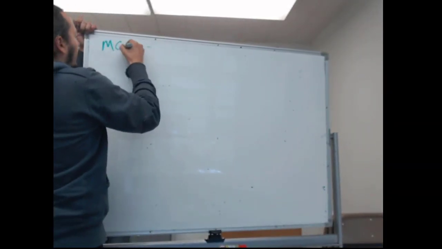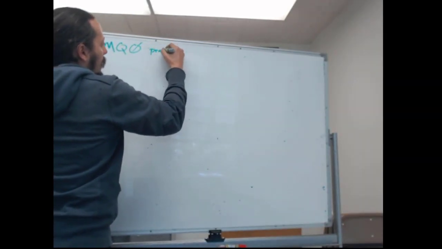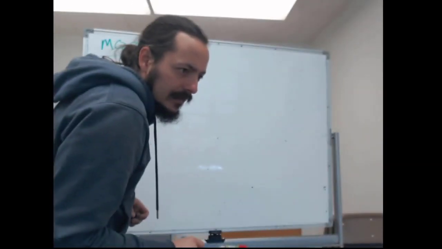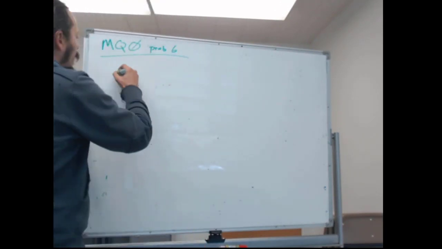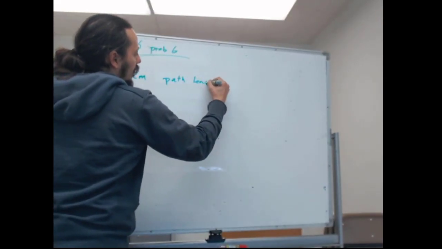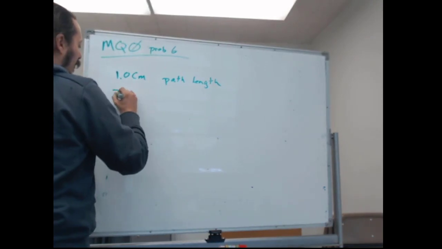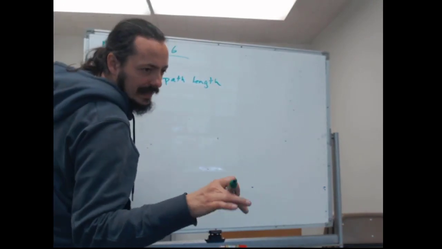So here we move on to doing mastery question 0, problem 6. Mastery question 0, problem 6 is asking us to figure out how long it takes for light to travel.